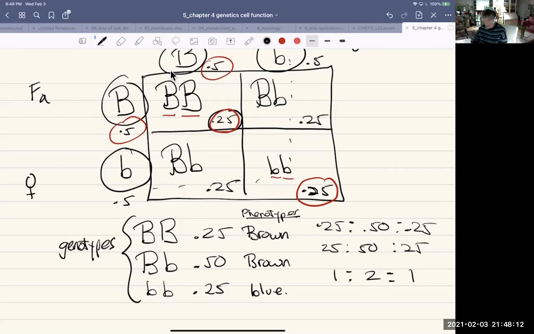So the phenotypic ratio is different. The phenotypic ratio is 3 to 1, because you've got this 50% here. So good.